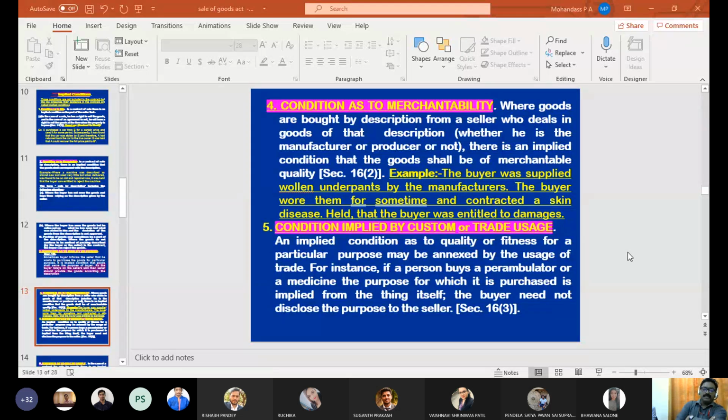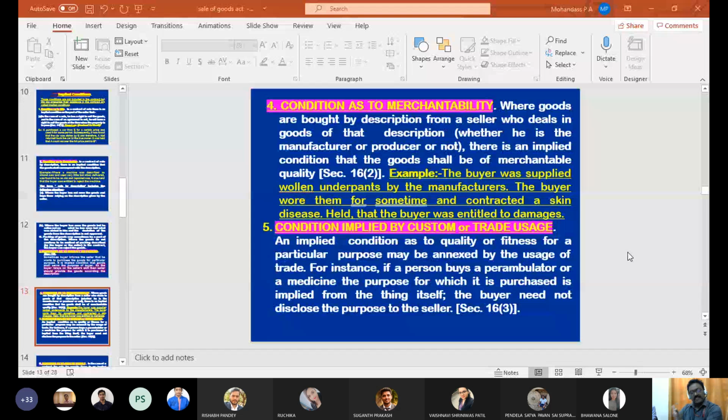Let us take an example of Tejas. Tejas is a wholesale dealer of men's undergarments. He ordered certain men's undergarments from Delhi, from a particular merchant by name Suklaji. He paid money. It is of course movable goods.